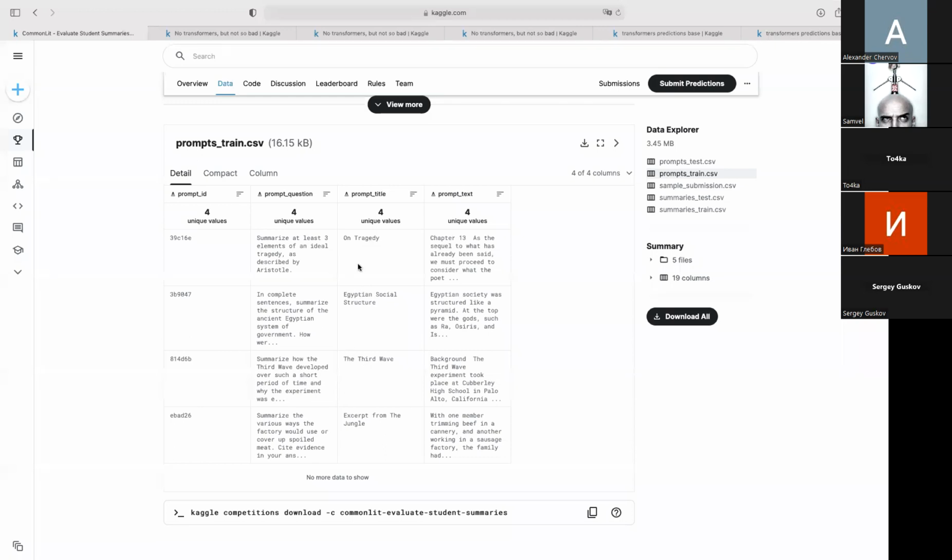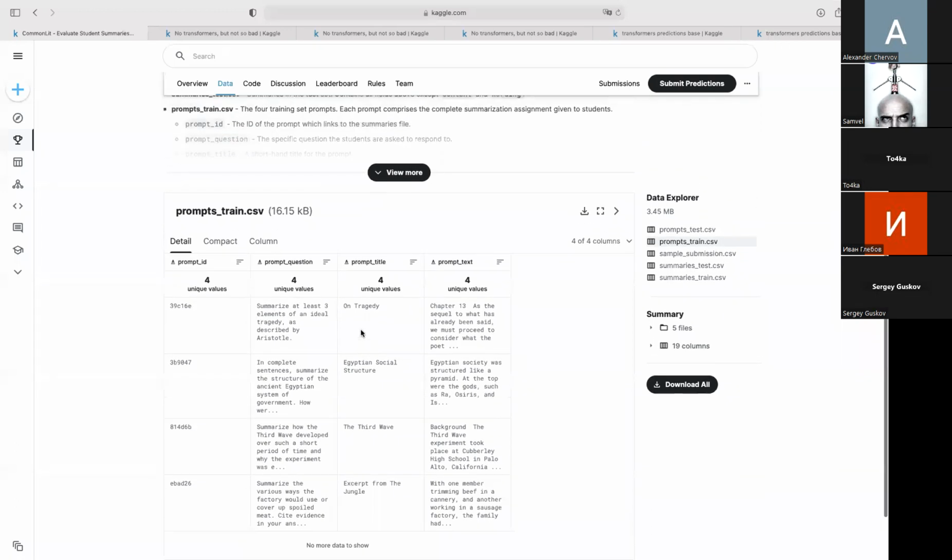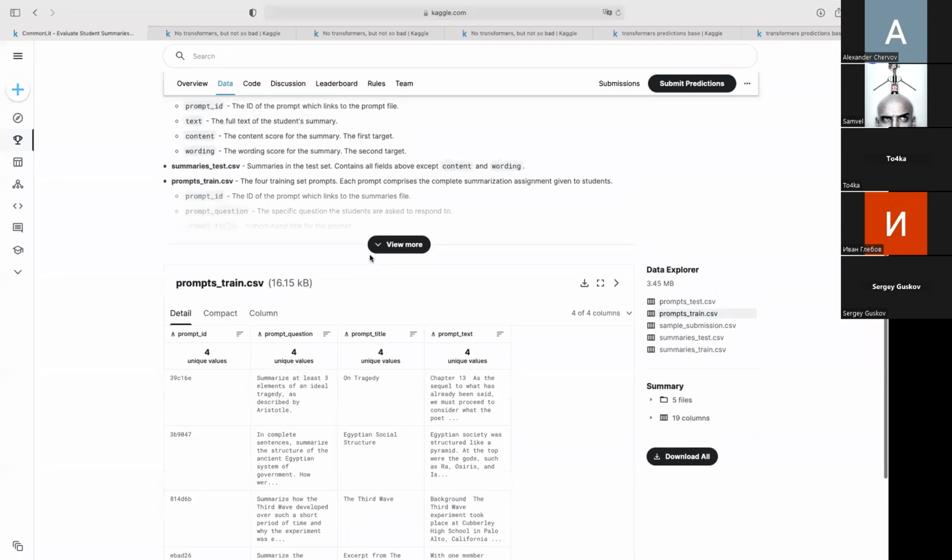And this is an interesting thing, because in previous competitions we had only one text column. So here we are: a text column, not a classification task, but okay, a regression task.